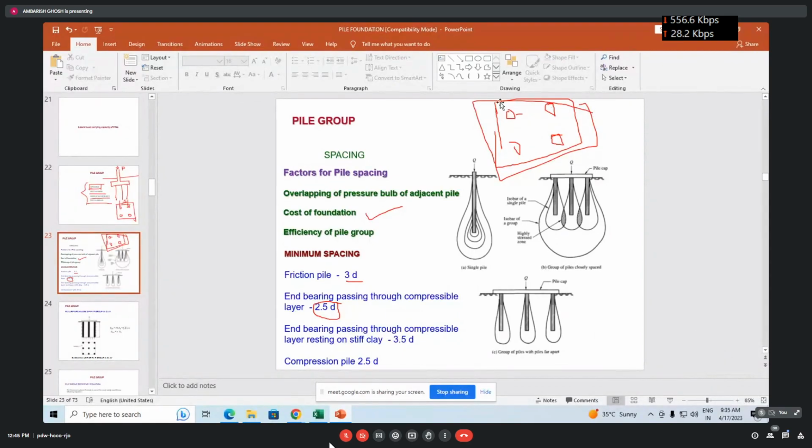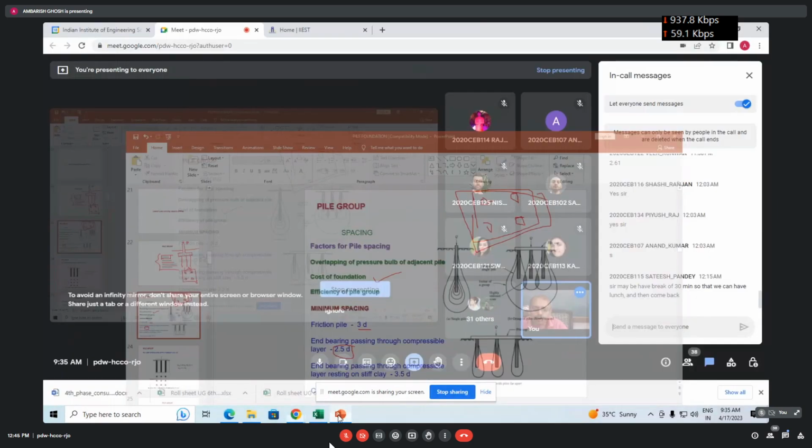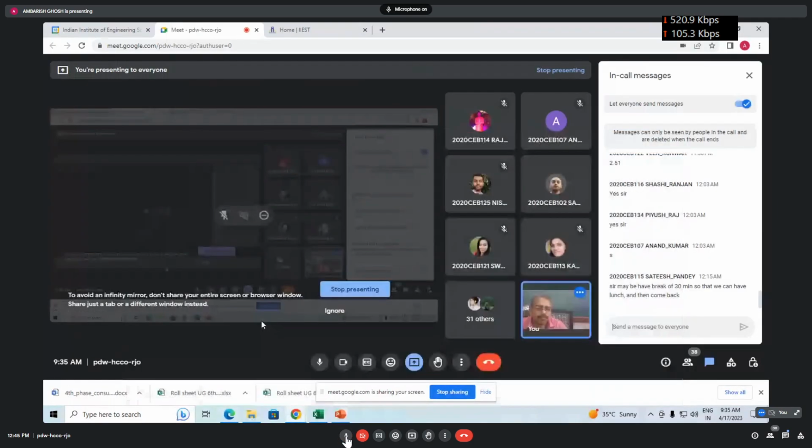And another point I have told you, if you go on increasing, then you may not be in a position to accommodate all the piles for other columns. So that will guide you how you can go.